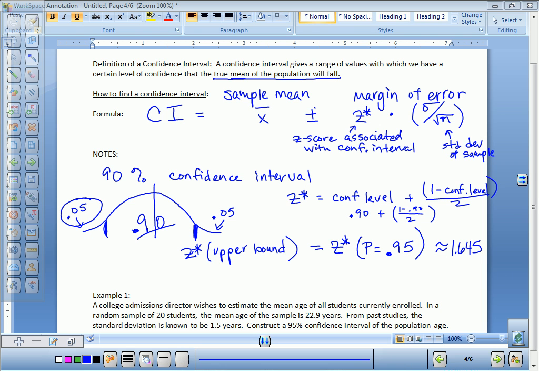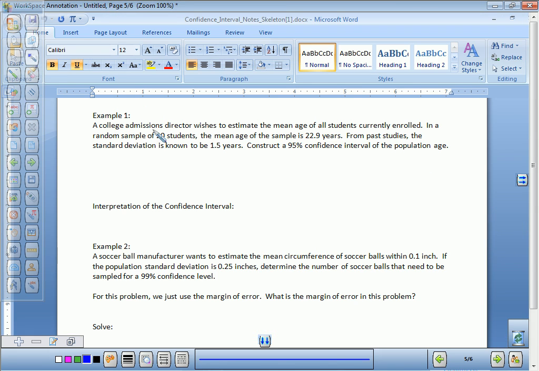I'm done. Okay. All right, so in this example, a college admissions director wishes to estimate the mean age of all students currently enrolled. So this is what we're looking for, the mean age of all students. In a random sample of 20 students, the mean age of the sample was 22.9 years. That's kind of older for a college, isn't it?